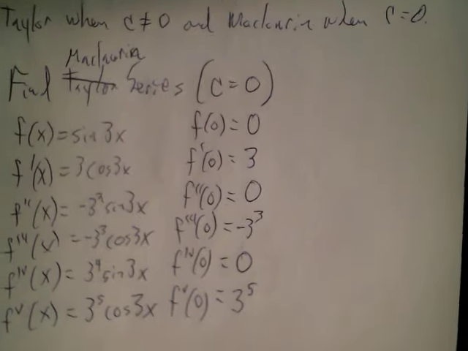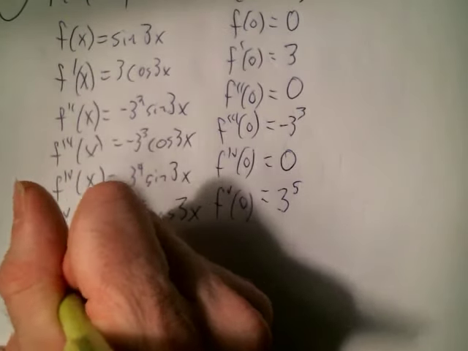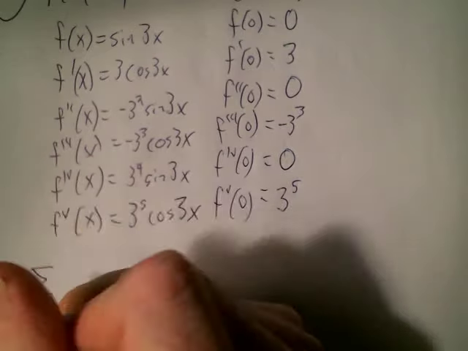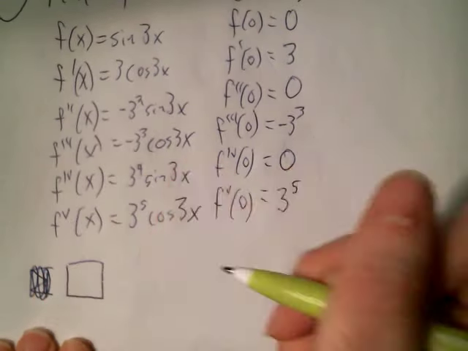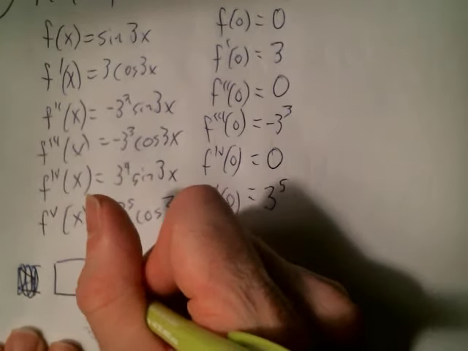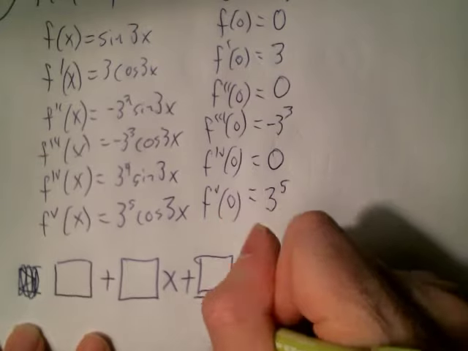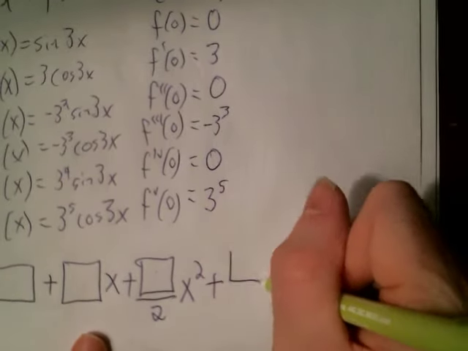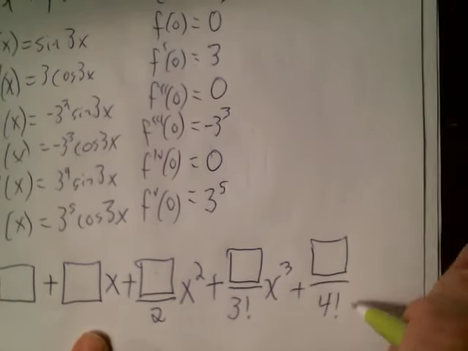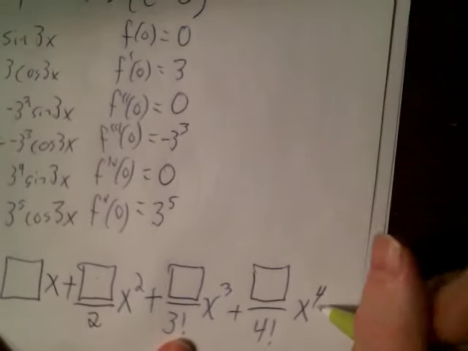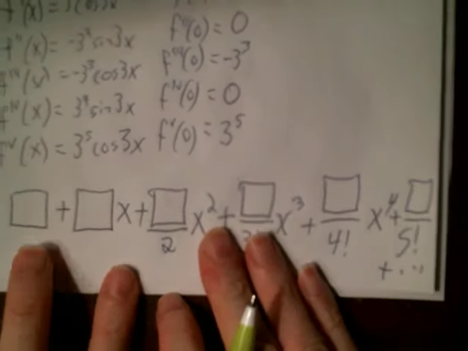Okay. So it looks like my power series representation for sine of 3x is going to be, let's just write it with sort of fill in the blanks again, like I did with the polynomial version of this problem. Okay, so what am I doing?